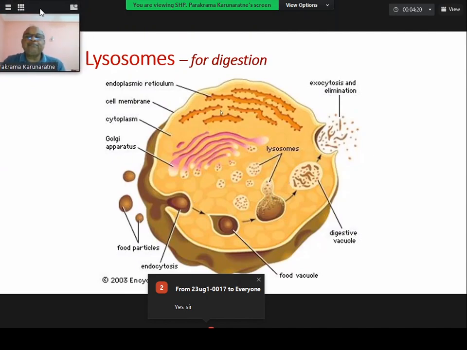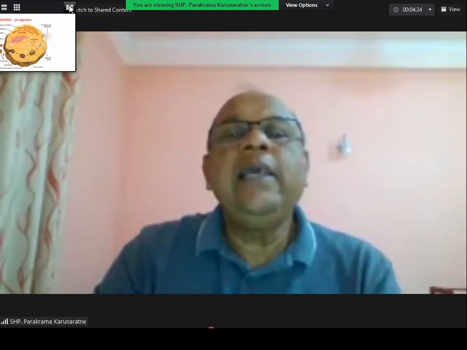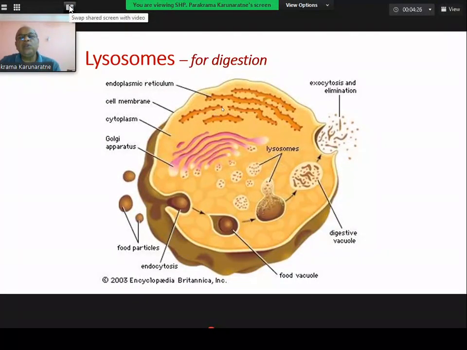You can see here the endoplasmic reticulum. Although the parts look separated, they are actually joined. In the cross section they appear not joined, meaning in this cutting plane they are not joined, but they are joined.